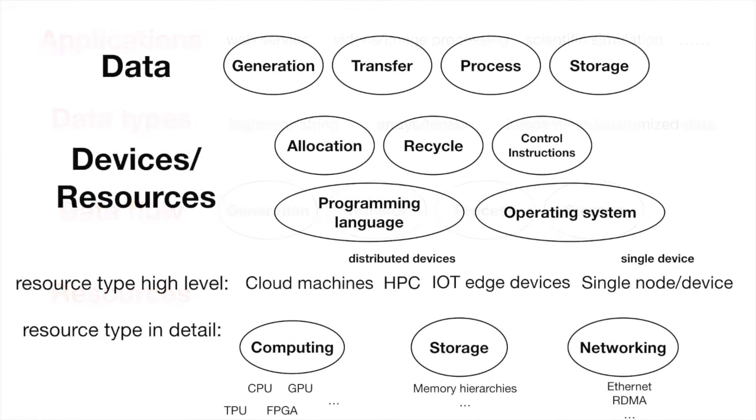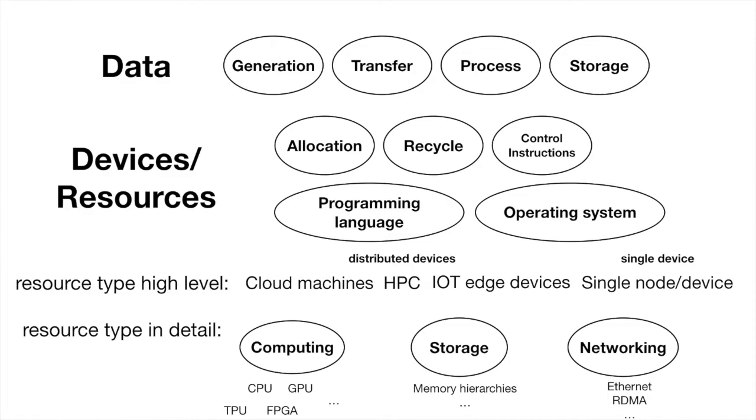The third important layer is the resource layer, namely the devices that can be used to do the tasks related to the data. The typical capabilities that a resource layer can provide, or the interfaces of the resource layer, include resource allocation, resource recycling, and other control instructions such as put or get data, or doing logic operations.